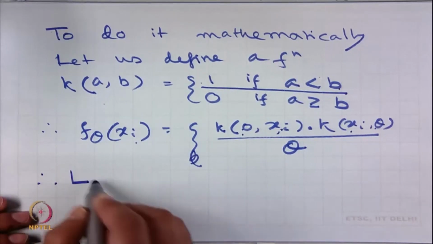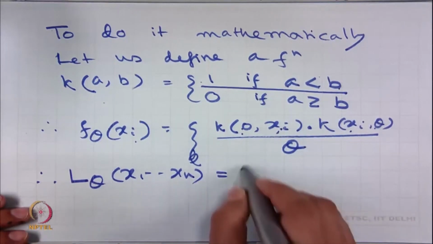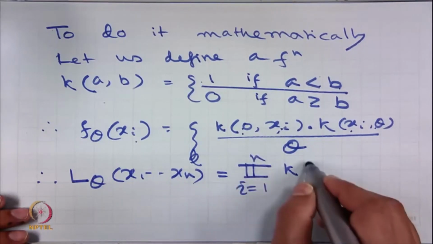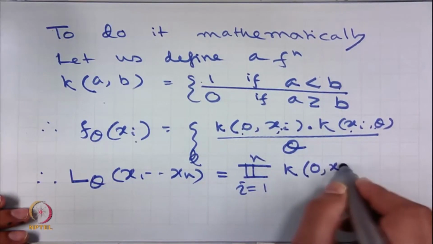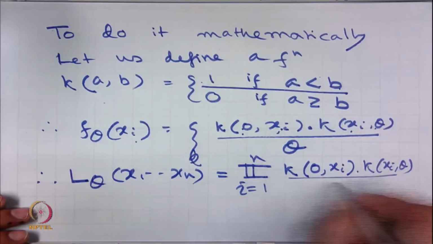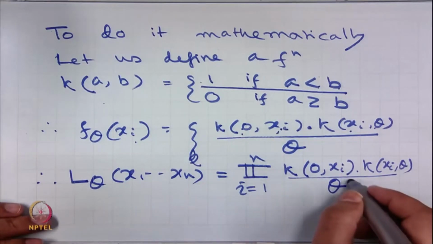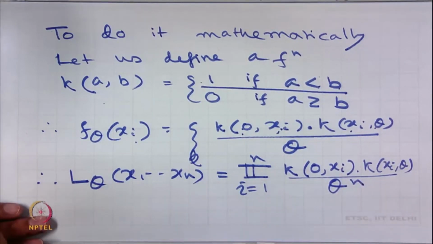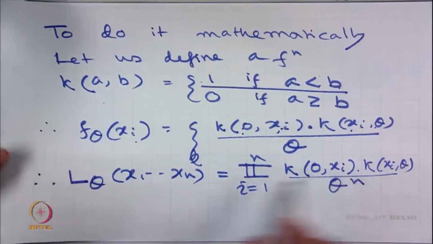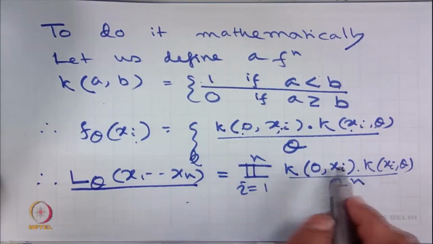Therefore, L theta of x1, x2, ..., xn is equal to the product over i equal to 1 to n of kappa(0, xi) times kappa(xi, theta), upon theta to the power n. Or in other words, this is saying that the joint density function is a product of these terms.